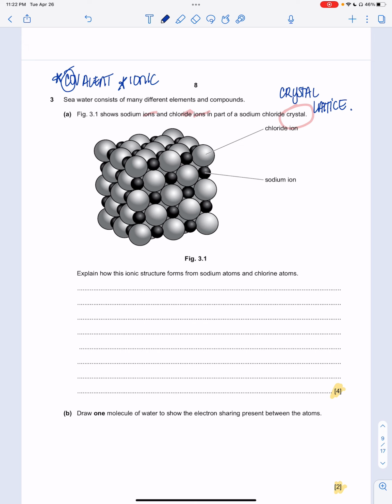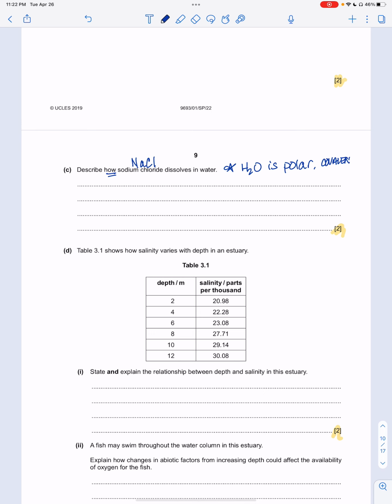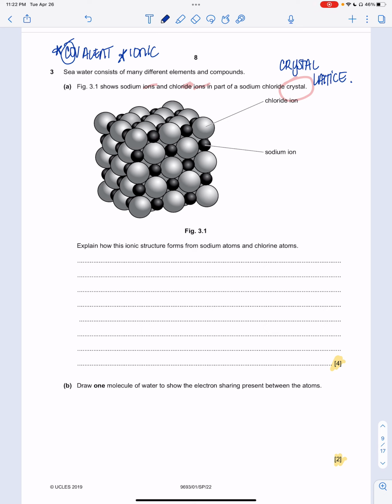Where, like, we remember water is a polar covalent. They share, but they don't share equally. Okay, and so ionic is give and take, and it's just with electrons. You never trade around protons.